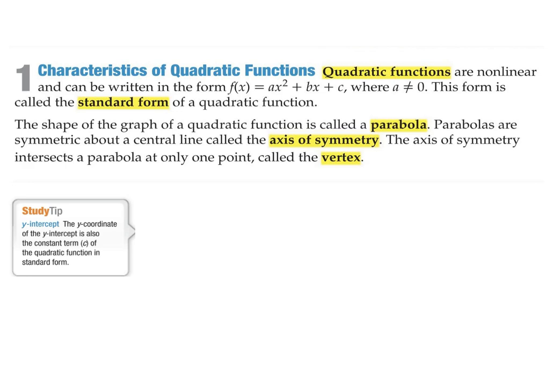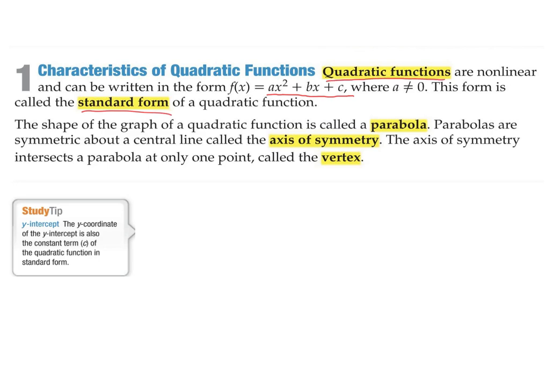So before, when we were doing graphs, we just had straight lines, but now when we are talking about quadratics, they are no longer straight, and they are graphed from this standard form of an equation, ax squared plus bx plus c, where a, b, and c are just numbers. And this is known as the standard form of a quadratic function.